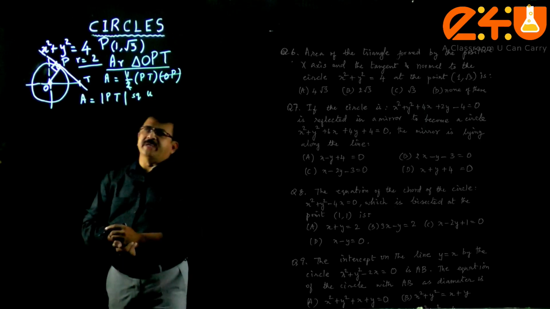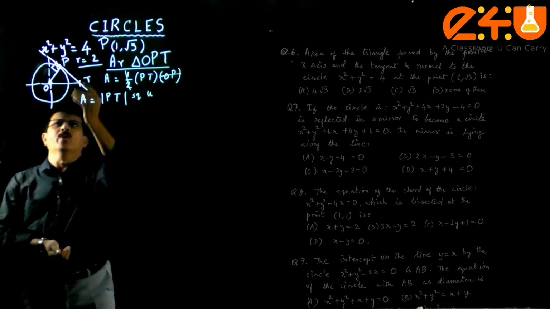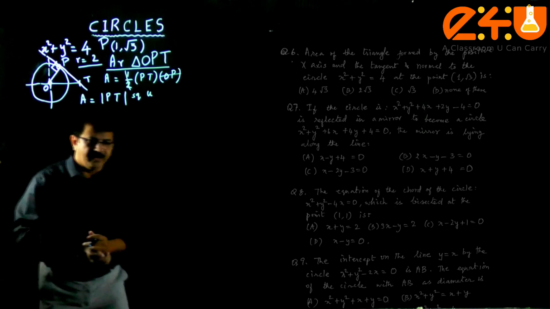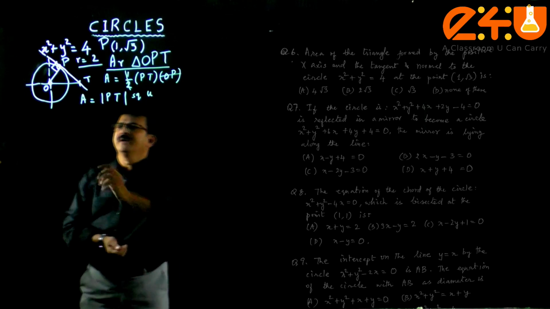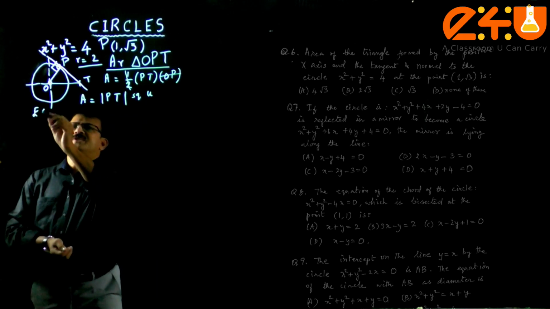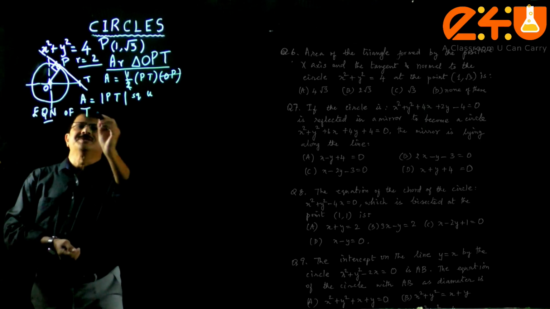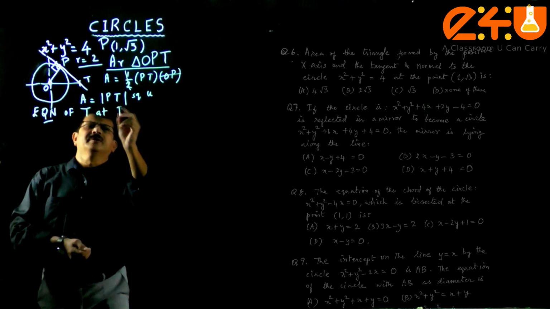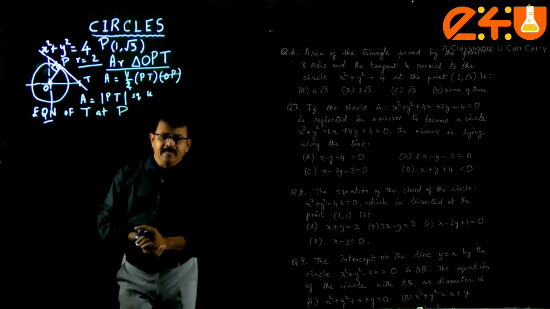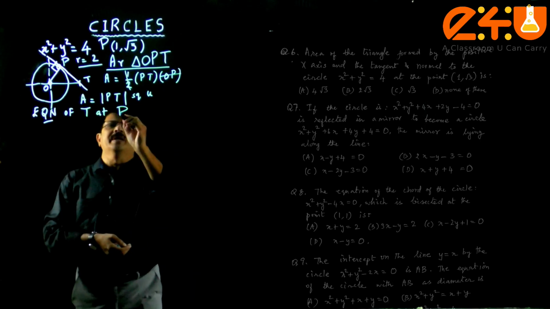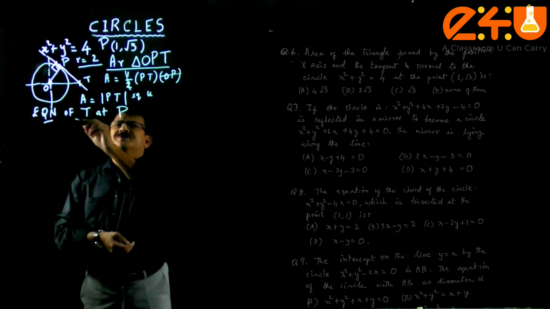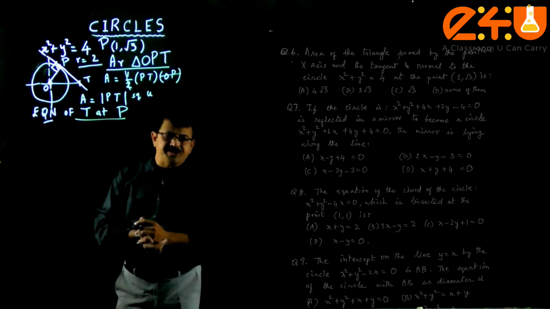What about length PT? We don't know because we don't even know the equation of line PT. So you need to get the equation of tangent at point P. Equation of tangent at point P requires a very simple technique.